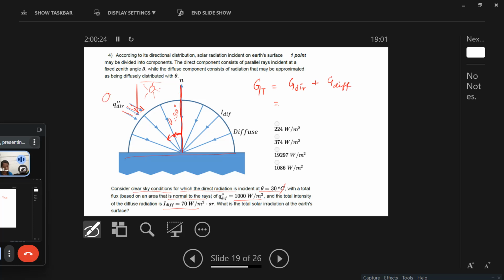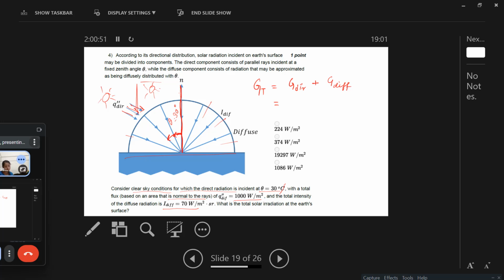The sun is present here. This angle is 30. So these are the direct rays, and the other rays are diffuse. The ones which are parallel are direct rays that are directly falling on Earth, and the other ones, which are made at different angles, are diffuse rays.